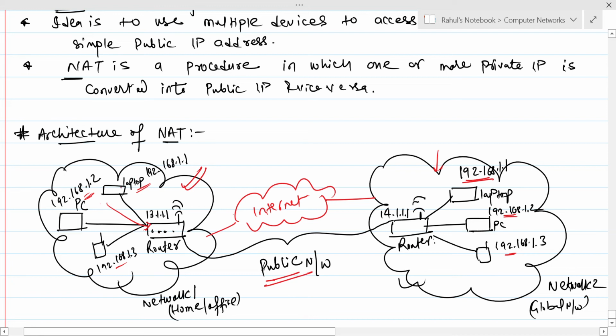Let's say this laptop wants to connect with this laptop. This IP address will go to this router, and renumbering will happen. Renumbering means this router will assign a public IP address to this laptop. Right now these IP addresses are private IP addresses.